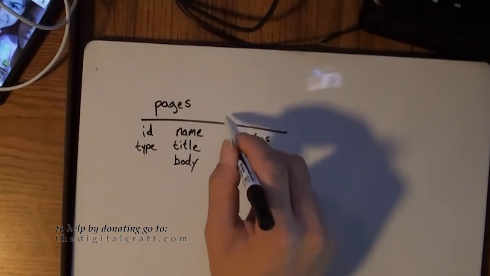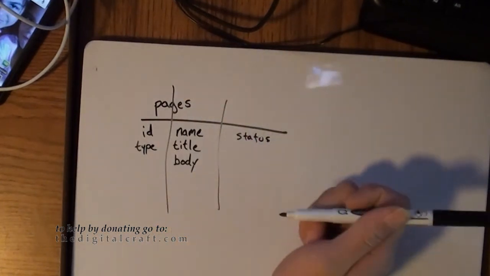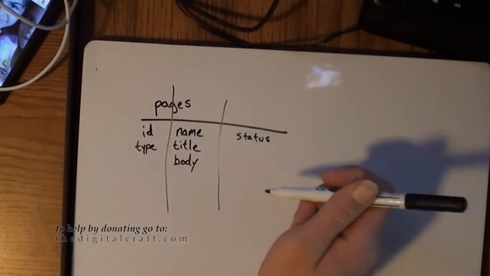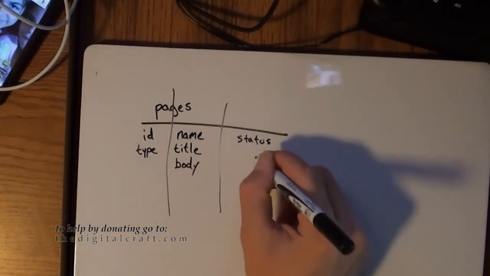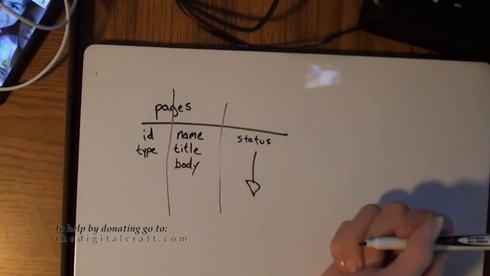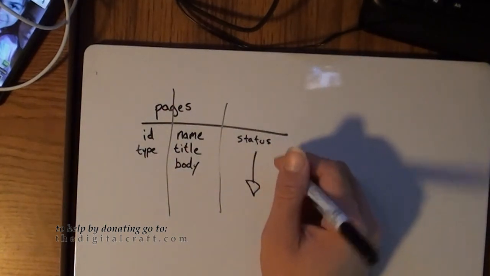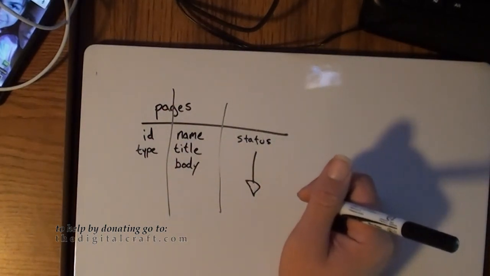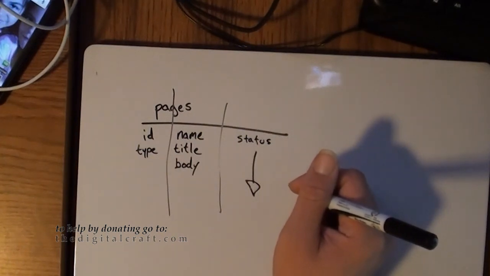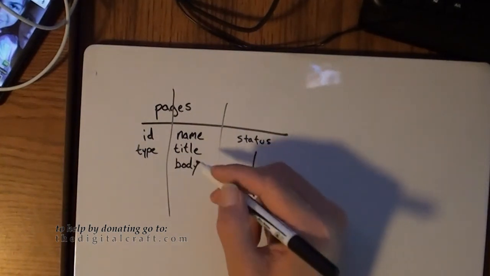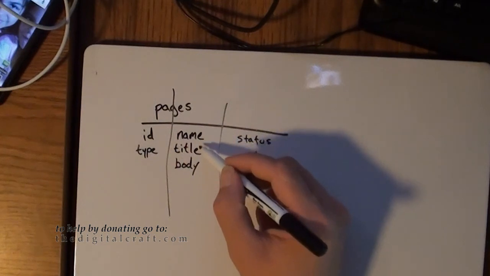The 3 columns here. I reserve this column here for Booleans or similar. Status kind of has its own rules sometimes for me. Name, title, body.